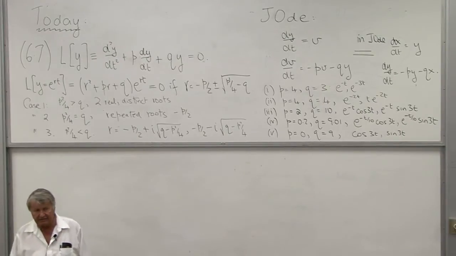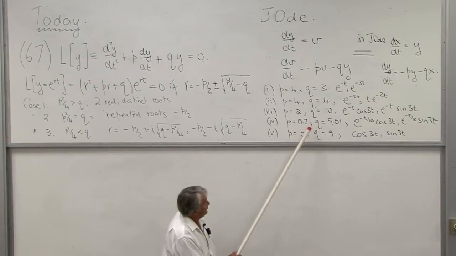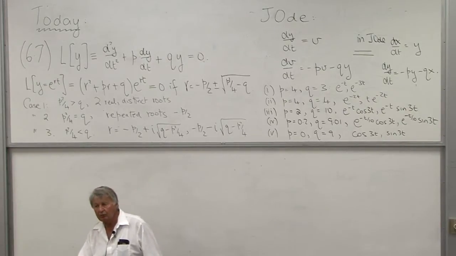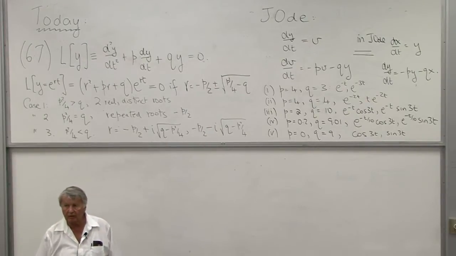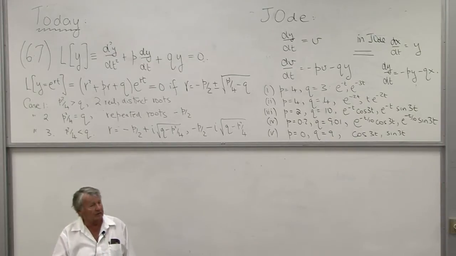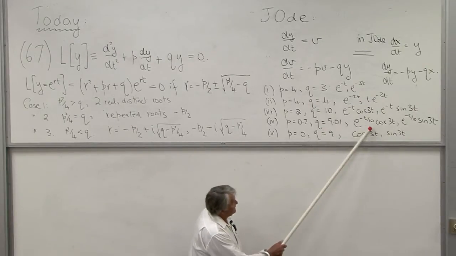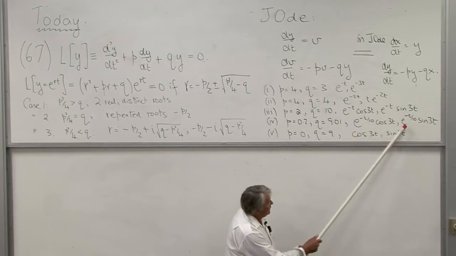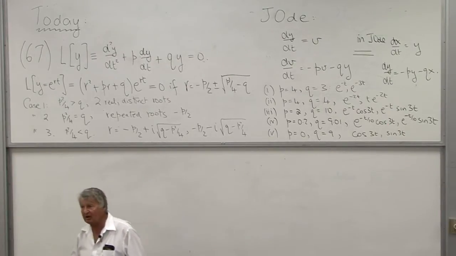In many cases of great interest, p is quite small compared to q. The q, remember, in the spring system, represented the restoring force of the spring. In the LRC circuit, it represented 1 over C, 1 over the capacitance. So in the cases where you get oscillations, of particular interest are those where the damping is rather weak compared to the wiggling, the cos 3t and the sine 3t part.